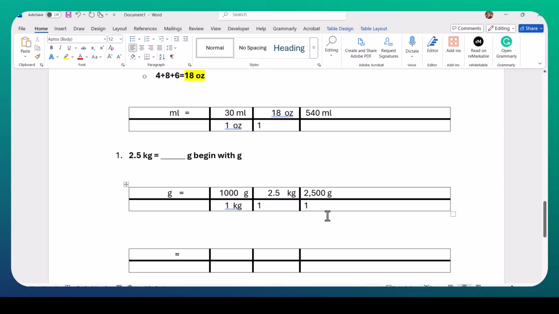Now, another thing to think about when you're doing your math is to ask yourself, is it reasonable? Is my answer reasonable? I set it up correctly, and if my fingers hit the right keys on the calculator, I got the right answer. And then you say to yourself, wow, that's a lot. 2,500, that's a big number.